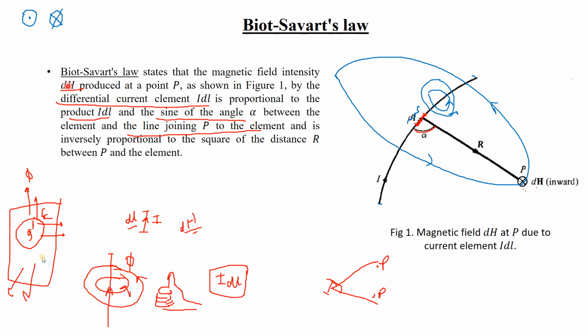So it is told that the dH, which is created by IdL, is proportional to the product of IdL and the sine of the angle between them. That means IdL into sine alpha, and is inversely proportional to the square of the distance.